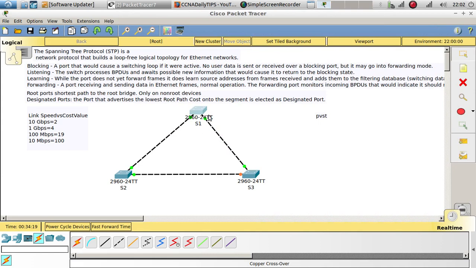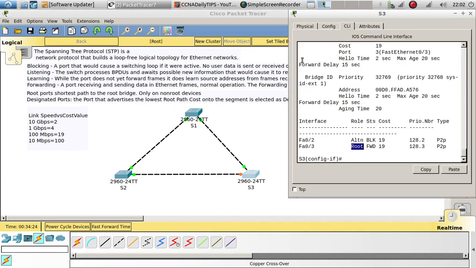Let's say that switch 3 has a higher MAC address than switch 1, but switch 3 is the most powerful switch that you have on your network. Then you want switch 3 to be the root bridge, because it has more power and it can get all the data without slowing down, and it runs faster than switch 1.